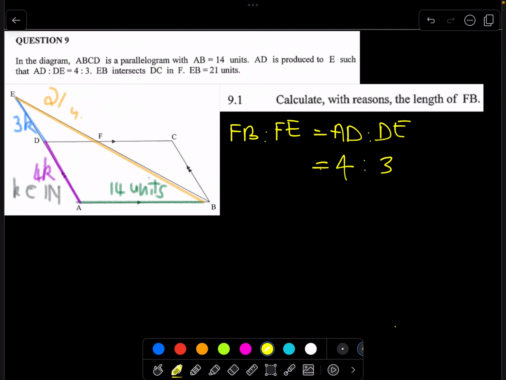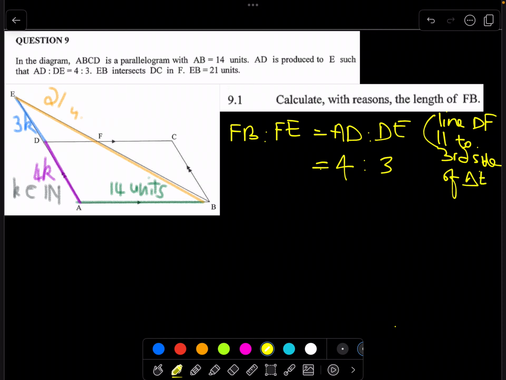Oh, and we need a reason. I always forget how to give this reason. I think it's something like: line DF is parallel to the third side of triangle EAB.